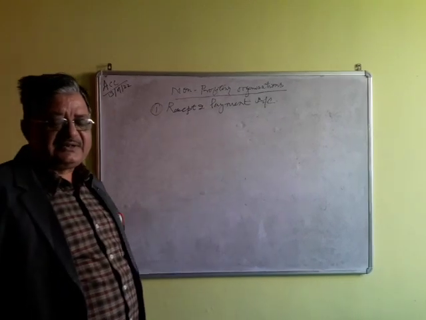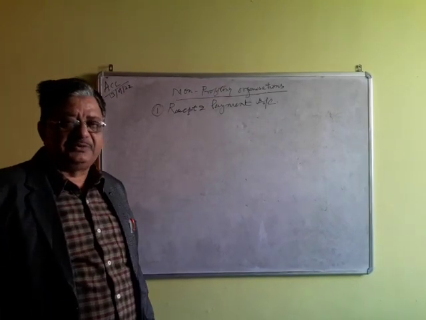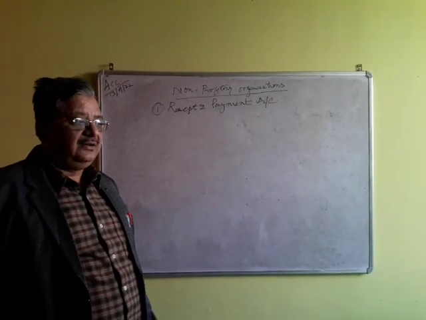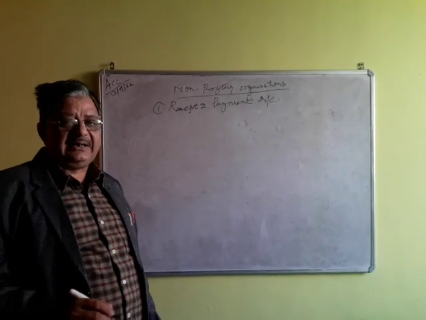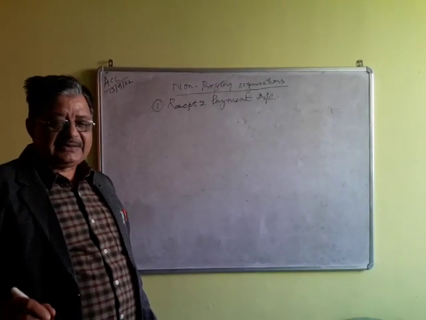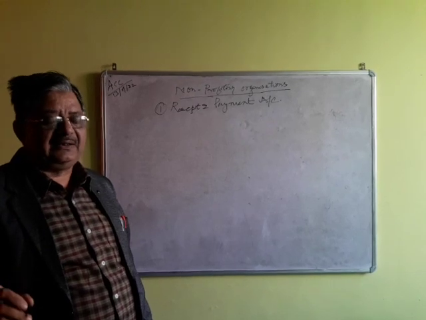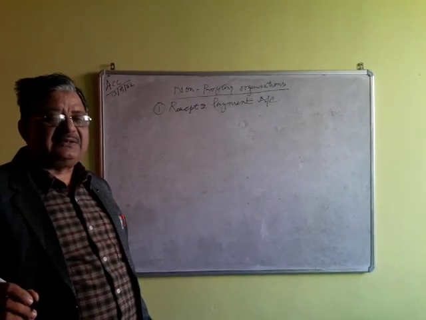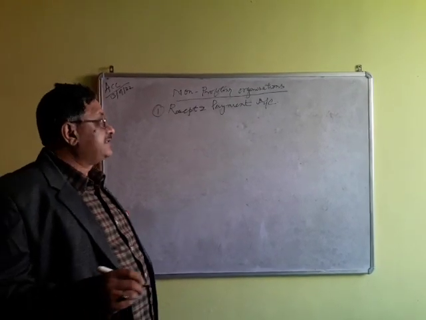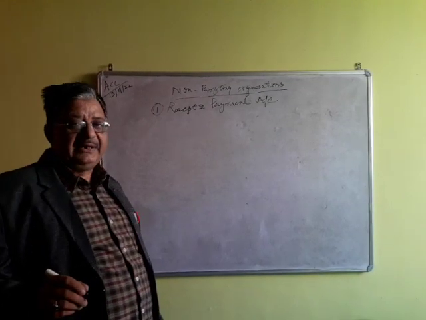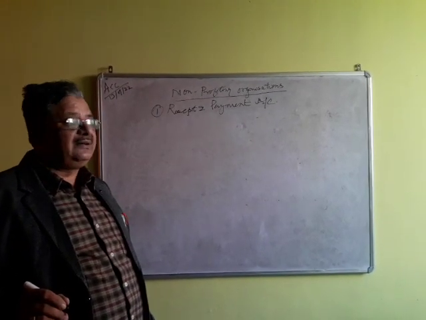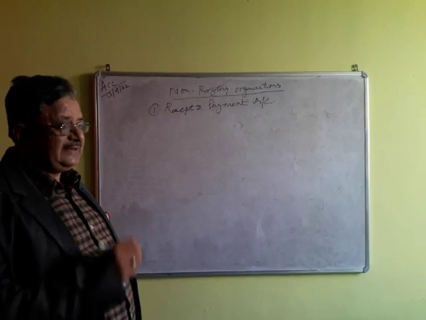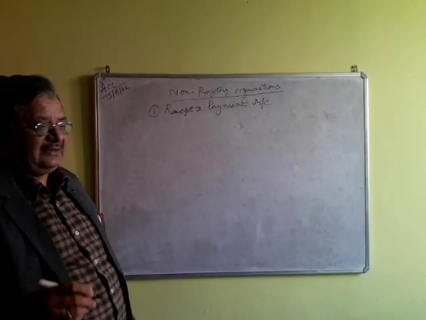Trading organizations prepare a cash book where cash receipts are recorded at the debit side and cash payments are recorded at the credit side. Similarly, on the same pattern, the receipt and payment account is also prepared, where all receipts are debited and all payments are credited.